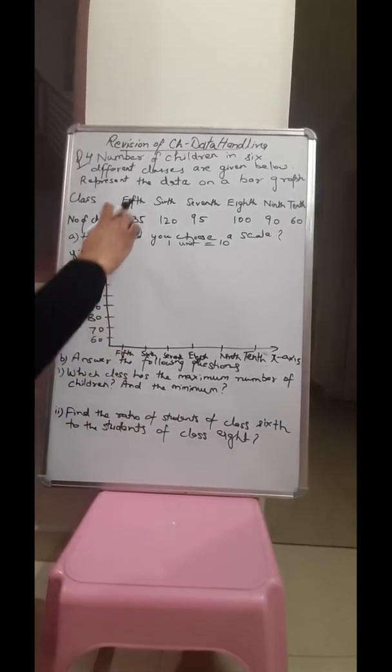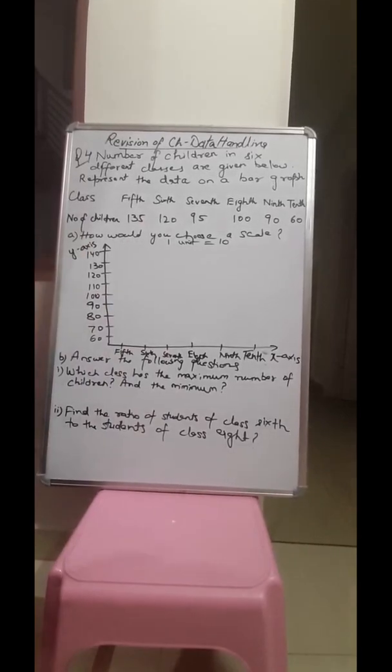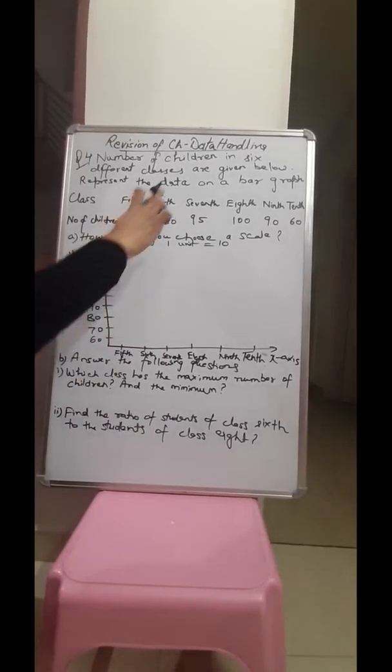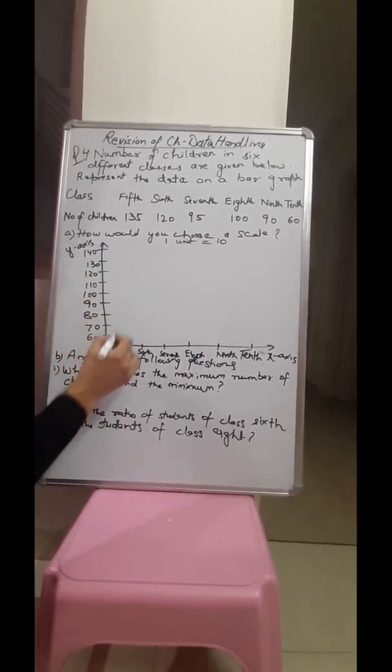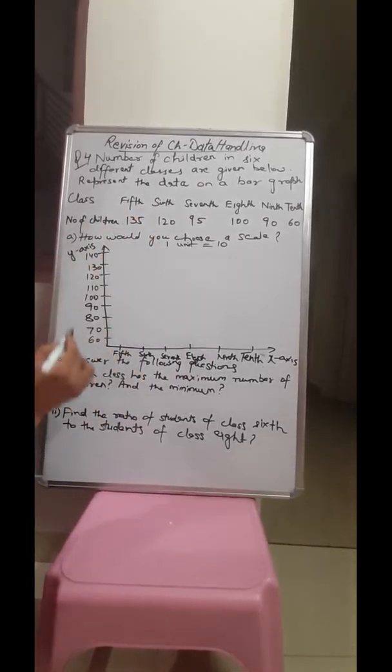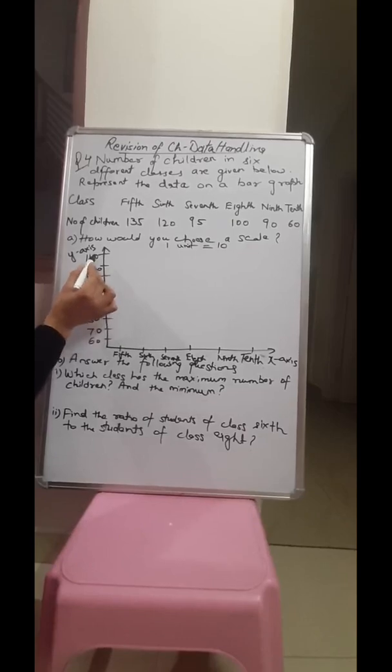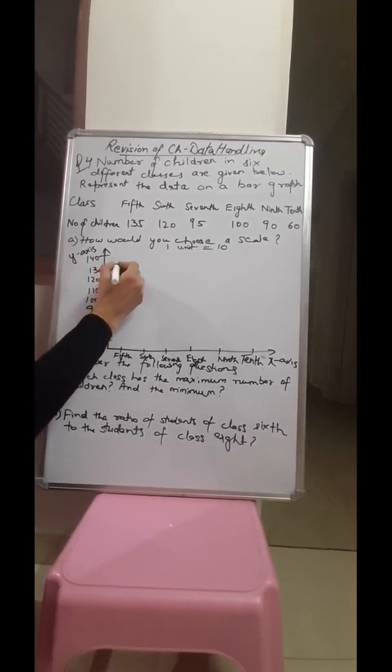So the first is 5th, and 5th is how much? 135. So that means we have to draw a bar graph. In a bar graph, we have to use bars. The bar will go up to 135, and 135 will come exactly between 130 and 140.